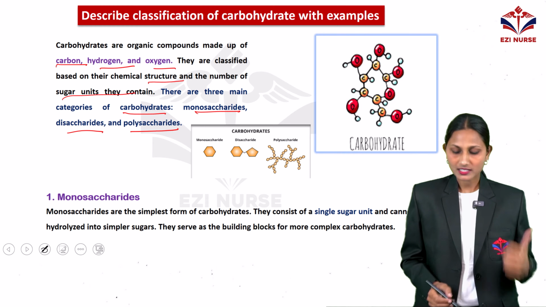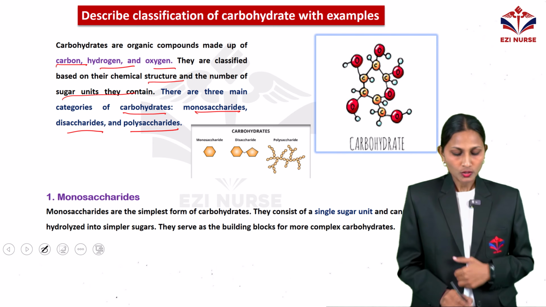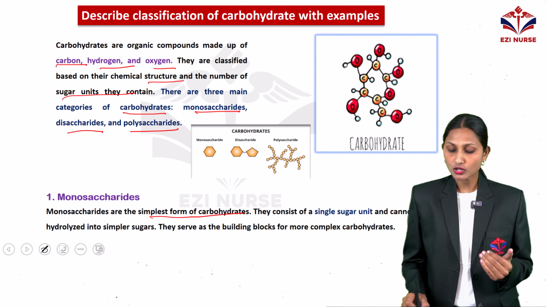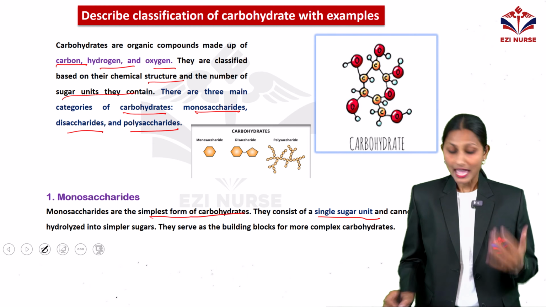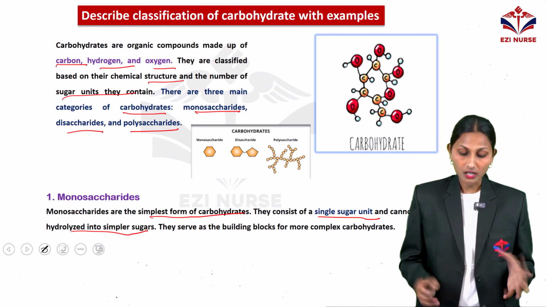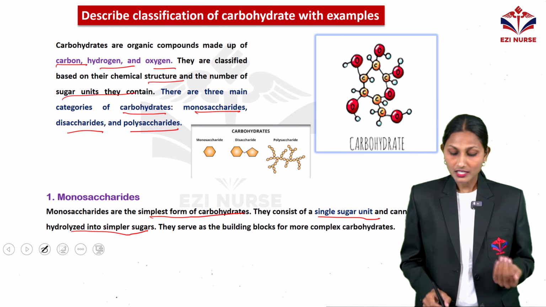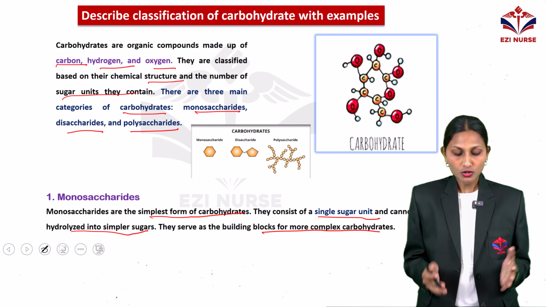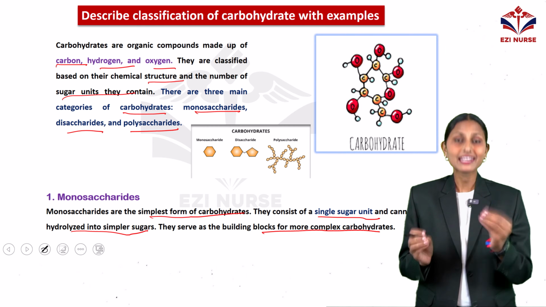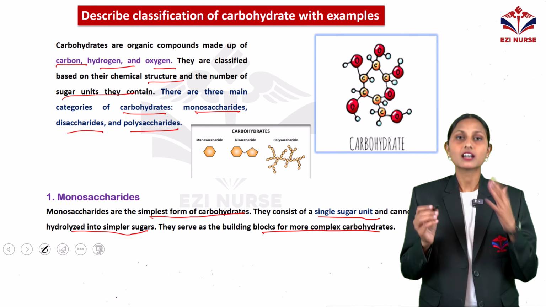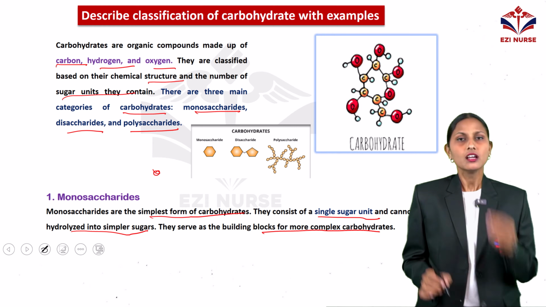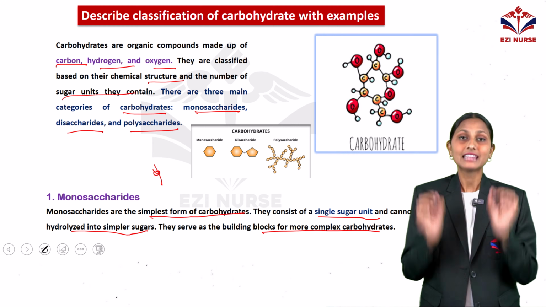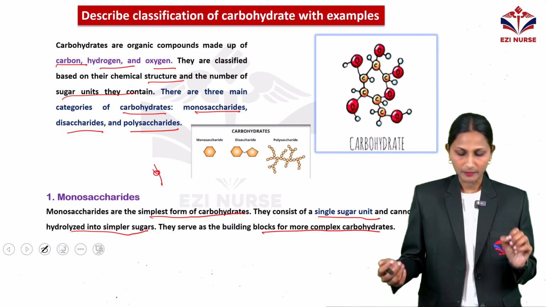Next, we will discuss the monosaccharides. Monosaccharides are the simplest form of carbohydrate and they consist of a single sugar unit and cannot be hydrolyzed into simpler sugars. They serve as building blocks for the more complex carbohydrates. Think of it as one little molecule that we cannot break down further.